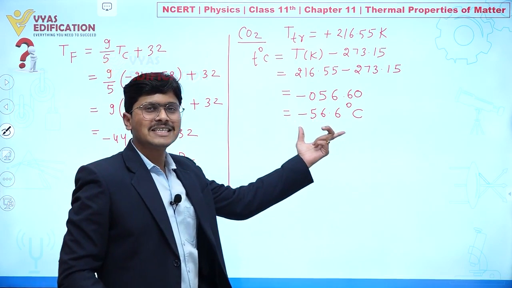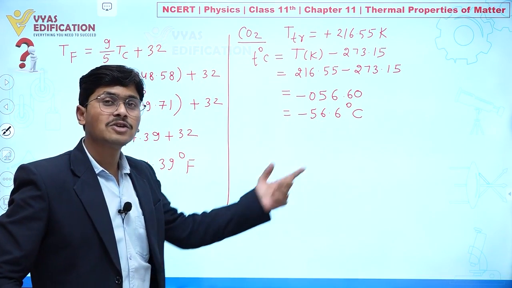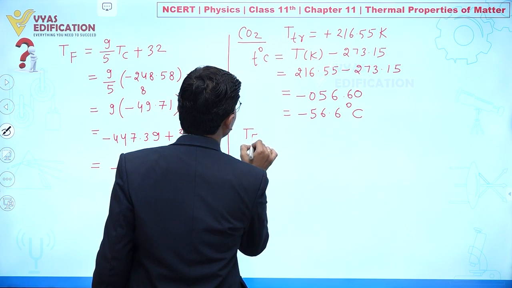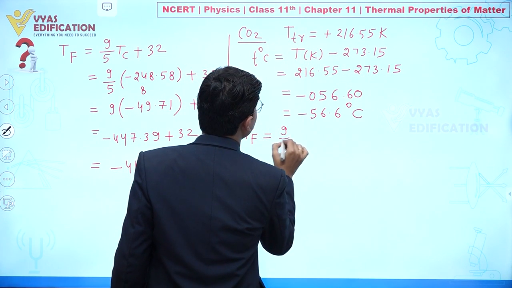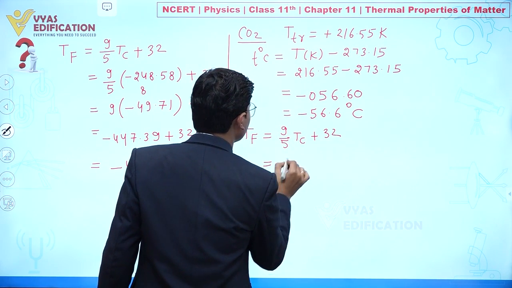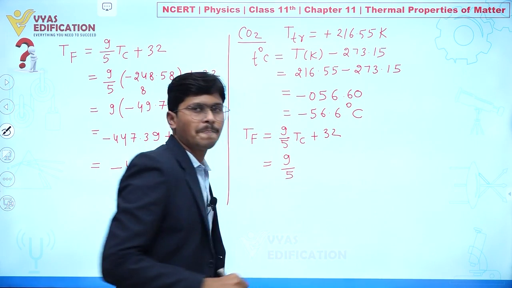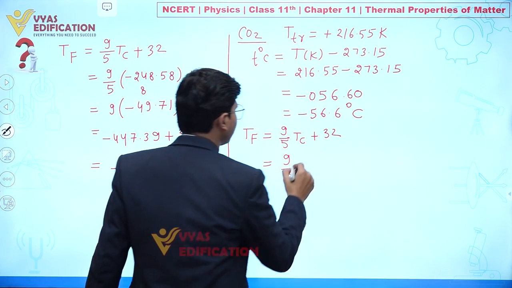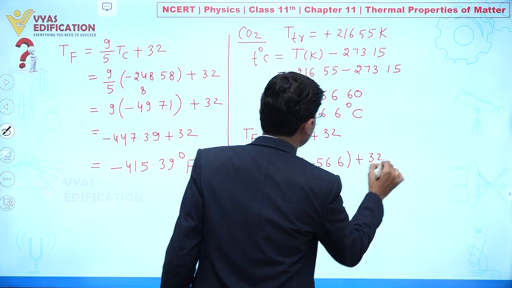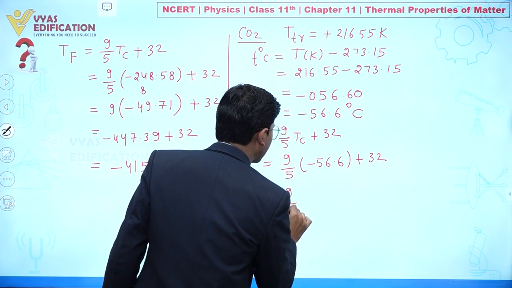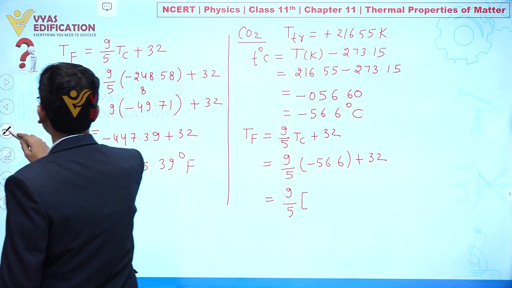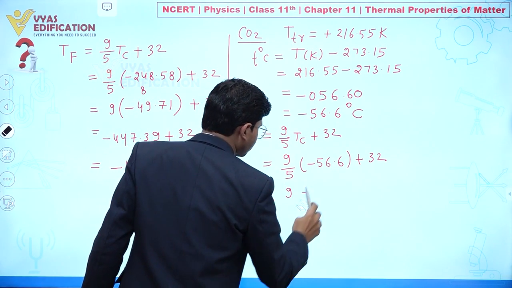Now we can convert this degree Celsius into degrees Fahrenheit also. Yes, we know this relation: temperature in Fahrenheit is given by 9 by 5 times Tc plus 32, clear. So 9 by 5 times Tc, the value of Tc is given as minus 56.6, plus 32, clear. So 9 by 5, and you can actually cancel here already.